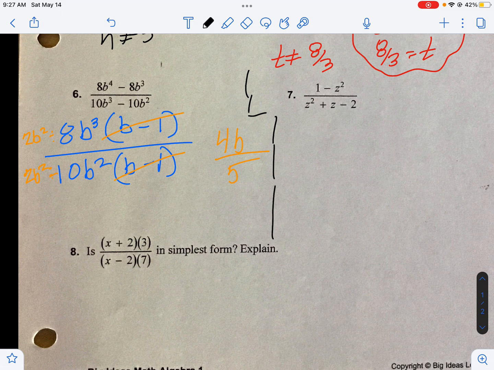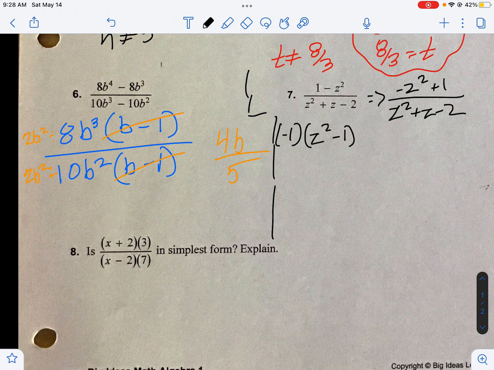Number 7, I'd rewrite the numerator first, just like in number 5. Now, in the numerator, I see that z is negative. We don't like that, so I'm going to factor out a negative 1. And then next, I'm going to factor what's right here.